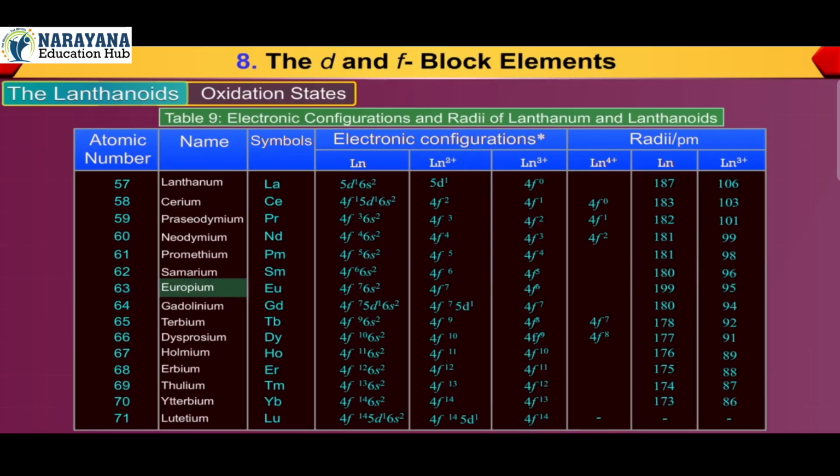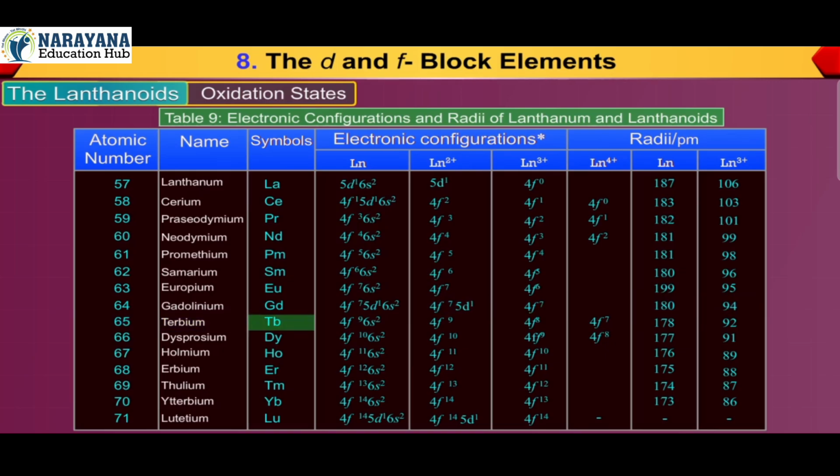63. Europium, Eu, 4f7 6s2, 4f7, 4f6, 199, 95. 64. Gadolinium, Gd, 4f7 5d1 6s2, 4f7 5d1, 4f7, 180, 94. 65.